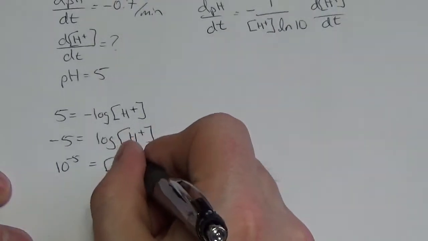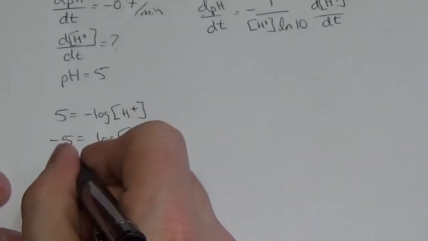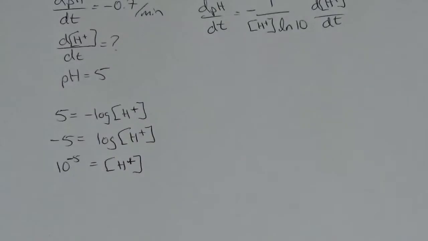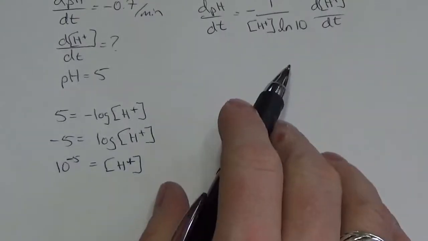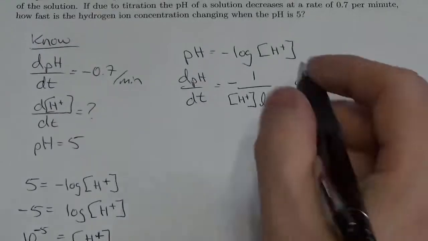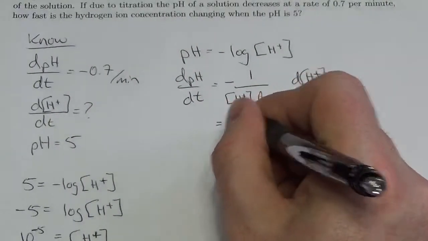Now, in a lot of cases, when you evaluate that, that would not be an acceptable answer. In a lot of other contexts, that wouldn't be acceptable. You want to put that into scientific notation here. But for right now, I just needed that value because I'm going to take it and plug it back up into my expression here. So I'm not going to worry about putting that into scientific notation.